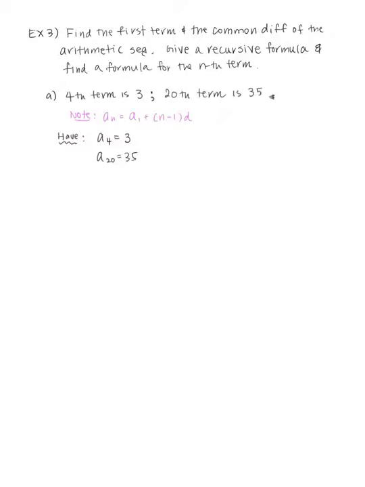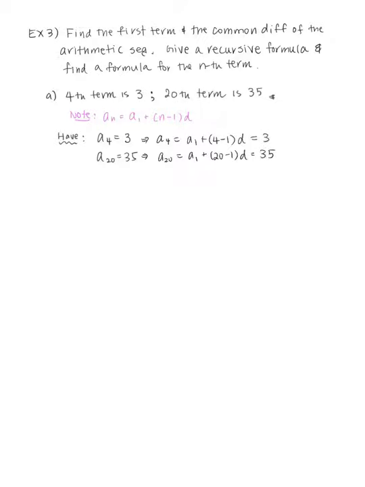Now applying that formula, let's first go with a sub 4. A sub 4 is going to be a sub 1 plus 4 minus 1 times d, but a sub 4 is 3, so I'm going to set that equal to 3. And then also, let's take care of a sub 20. So a sub 20 is a sub 1 plus 20 minus 1 times d, but a sub 20 is 35, so I'm going to set it to 35.